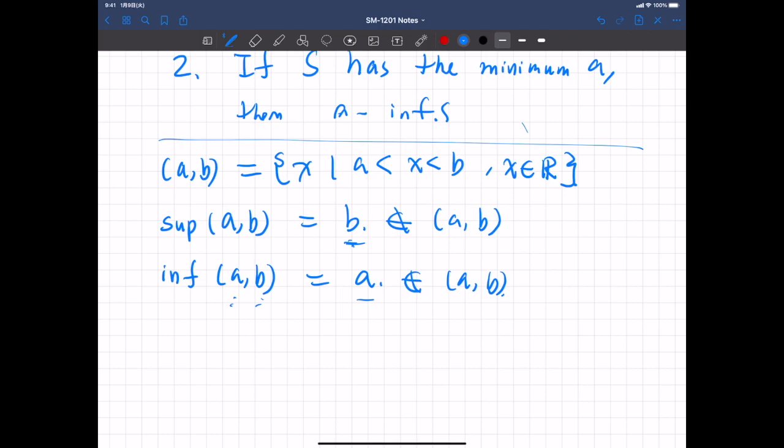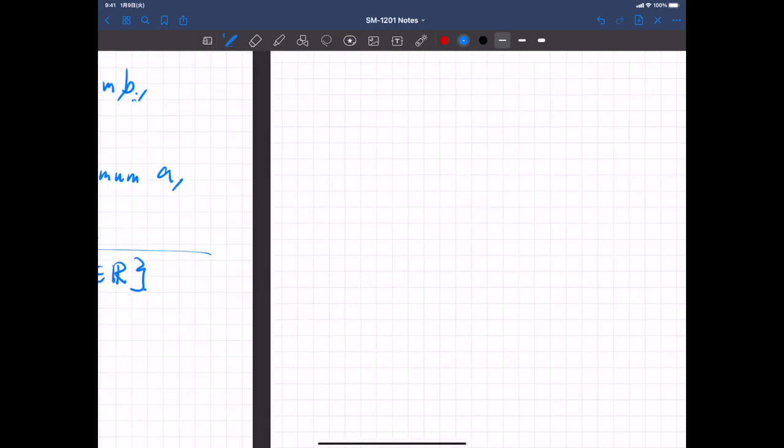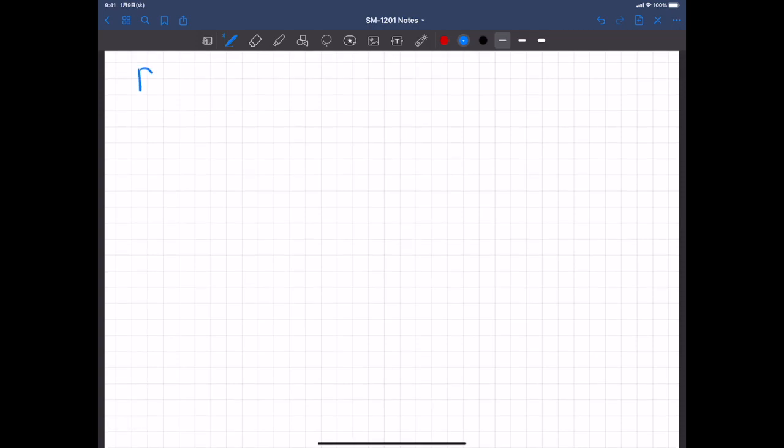Now let us redefine supremum and infimum based on these examples. So this is the second definition of supremum and infimum. First, of course S is a subset of real numbers.